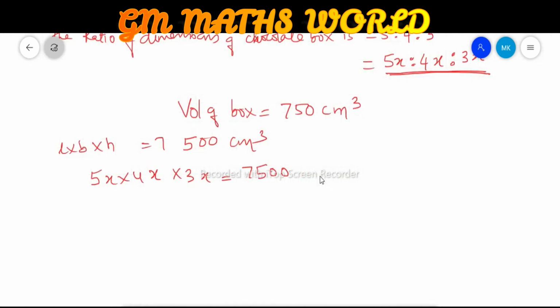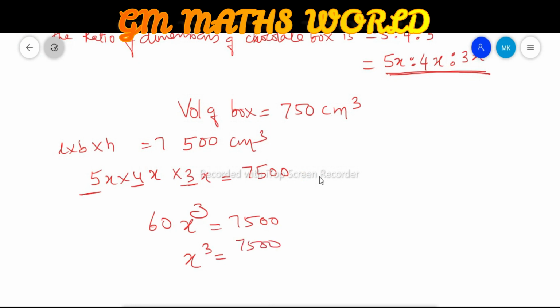Now we have to find the product of 5, 4 and 3. 5 4s are 20, 20 3s are 60, and x into x into x is x cube, which is equal to 7500.